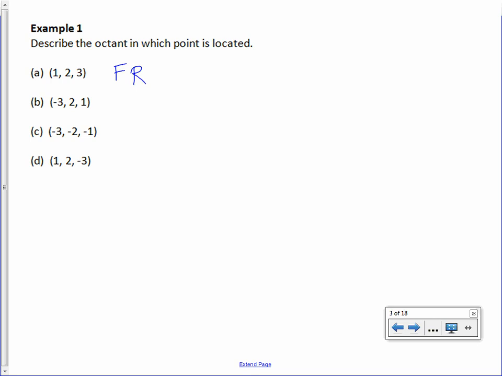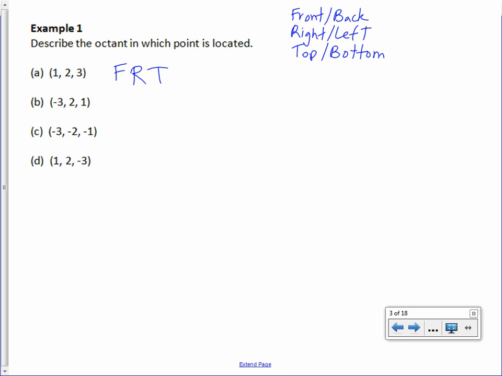And up, down, or top, bottom, you're going to go T, right? So our defaults are front slash back, right slash left, top slash bottom. The ones before the slash are the positives, the ones after the slash are the negatives.